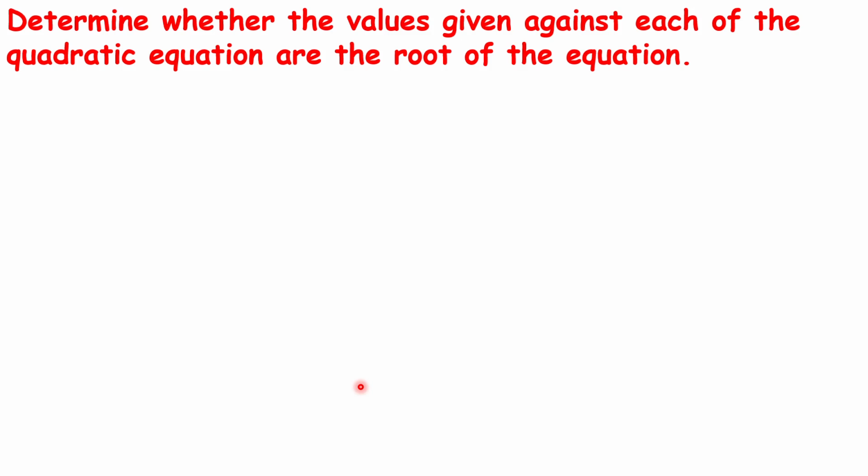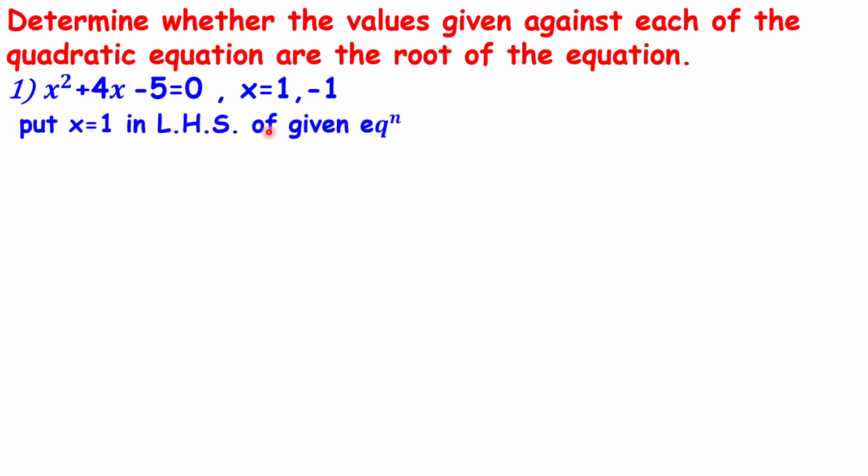Determine whether the values given against each of the quadratic equations are the roots of the equation. The first equation given is x square plus 4x minus 5 equal to 0, where the values of x given are 1 and negative 1. First we put the value of variable x is equal to 1 in the LHS of the given equation.